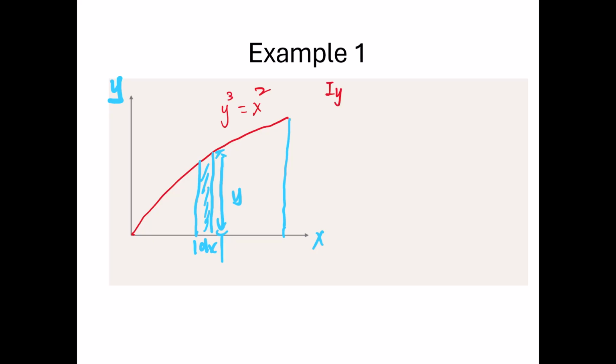Iy based on the equation will be this, and x squared, so it will be bounded from 0 to 1. The dA is y times dx. Since y cubed over 3 equals x squared, y is this one. So let's replace the y here.